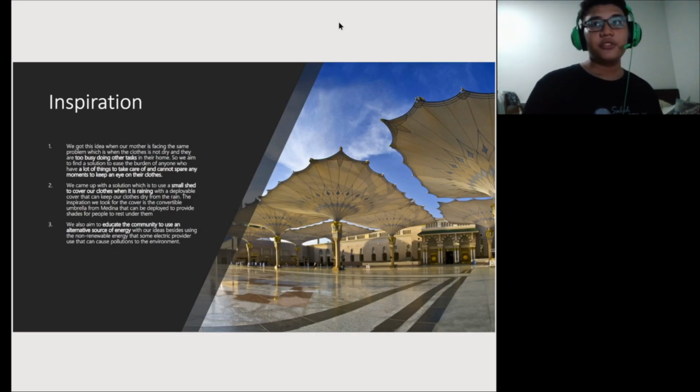The inspiration we took is from the comfortable umbrella from Medina that can be deployed to provide shade for people to rest under, and we also aim to educate the community to use alternative sources of energy with our ideas, besides using the non-renewable energy that some electric providers use that can cause pollution to the environment.